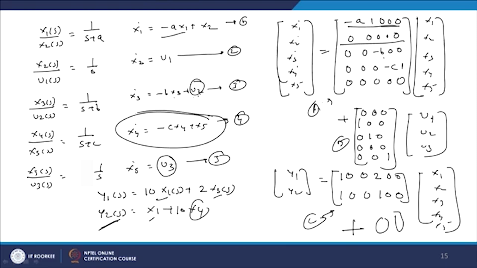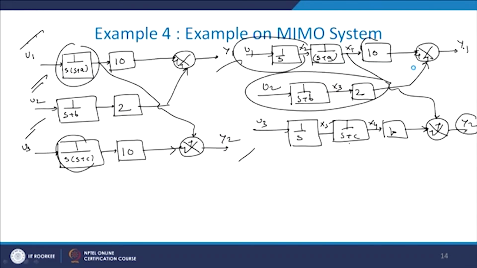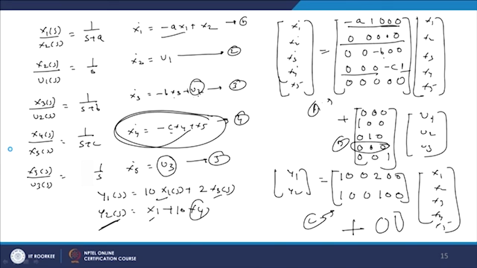Now coming to x4 dot, the elements of u are totally zeros, whereas among the other elements, x1 x2 x3 are 0, and it is c1. About x5 dot, we have u3, so we can write elements as 0 0 1, and the other elements are 0 0.